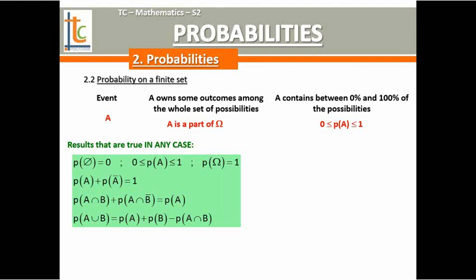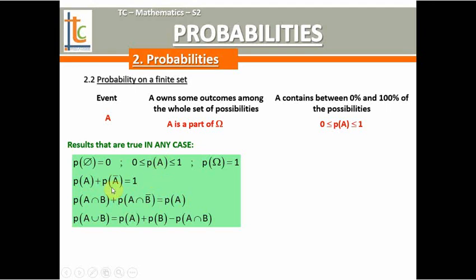It means that the empty set is impossible. The probability of omega, on the other side, is 1. The chance to fall into omega in the end is 100%. And between them, a given event has a probability that is obviously between 0 and 1.